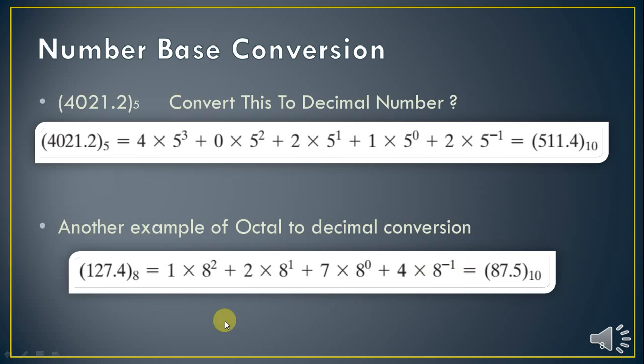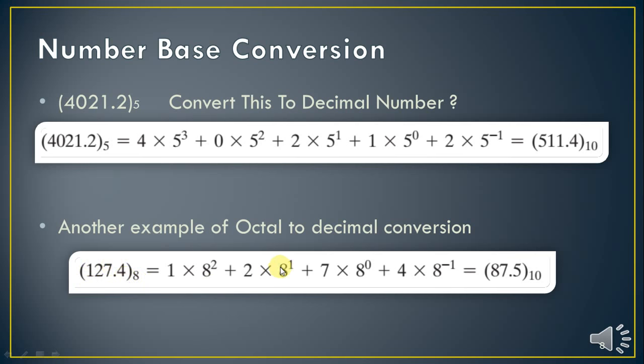So this one will be multiplied by 7 into 8 to the power of 0 as shown here, and the second one will be multiplied 2 into 8 to the power of 1, and the third one will be multiplied by 1 into 8 to the power of 2.